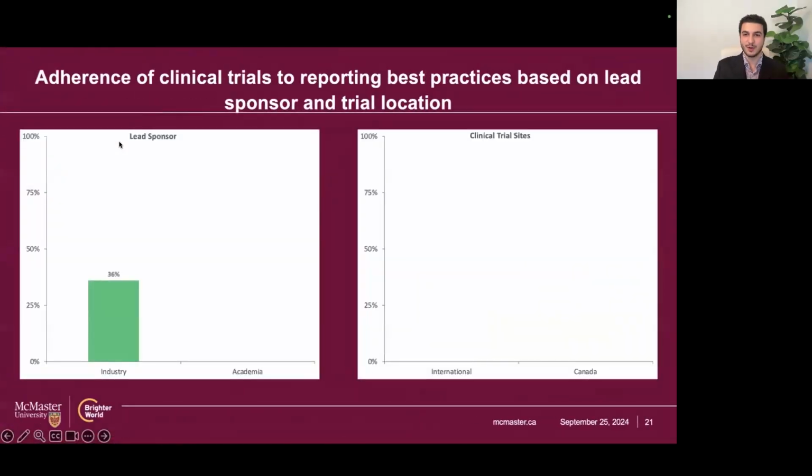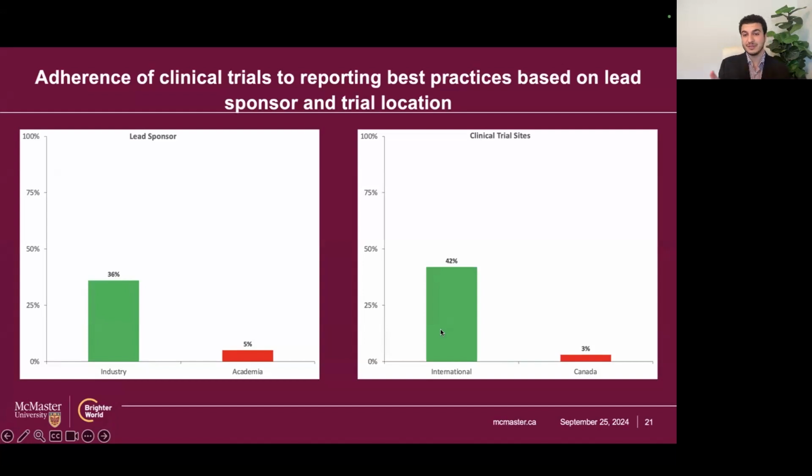Yes. So excellent question. When we looked at exclusively Canadian clinical trials, that number was staggeringly low, sitting at 3%. And as soon as you introduced one additional country, whether it was the United States or anywhere in Europe or in Asia, etc., that number jumped up to 42%.